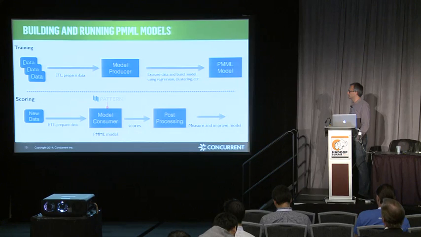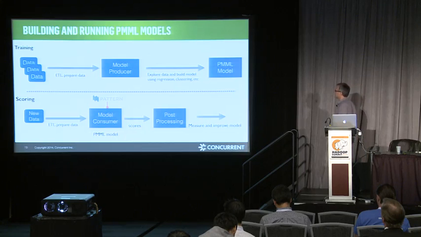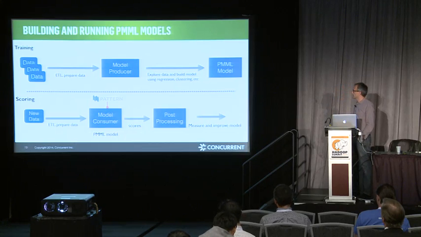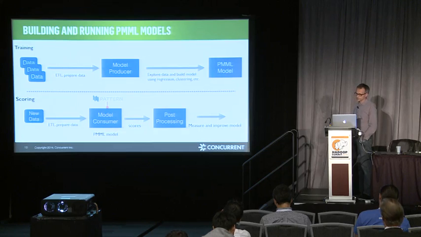And typically after that, you'll have some post-processing where you want to do some measurements and improve the model based on how well the score was. And this is typically where Pattern fits in. So Pattern is there as a model consumer, to be able to score models. It doesn't work on the training part, but it does work on the scoring part.